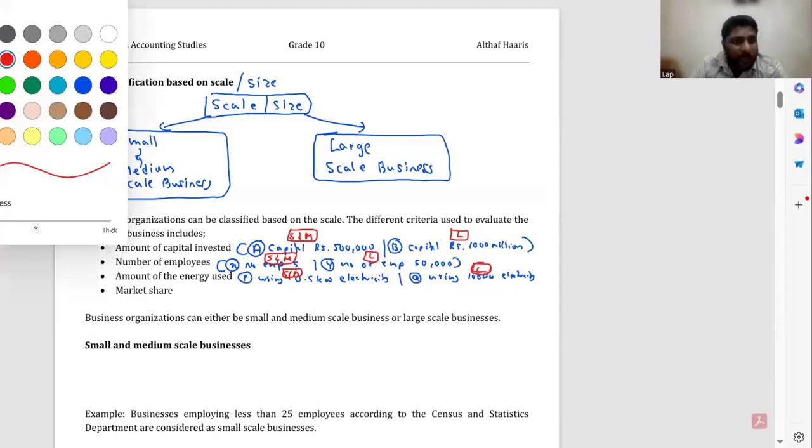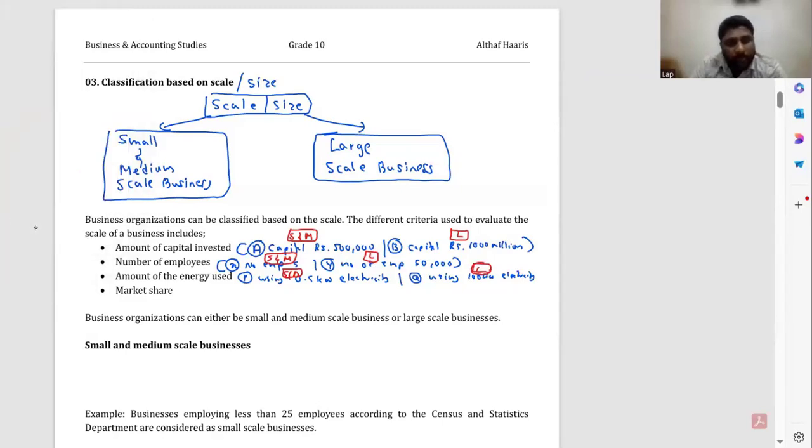So let's assume another two examples. Company L sold 10,000 units. 10,000 units means they have 10,000 customers.